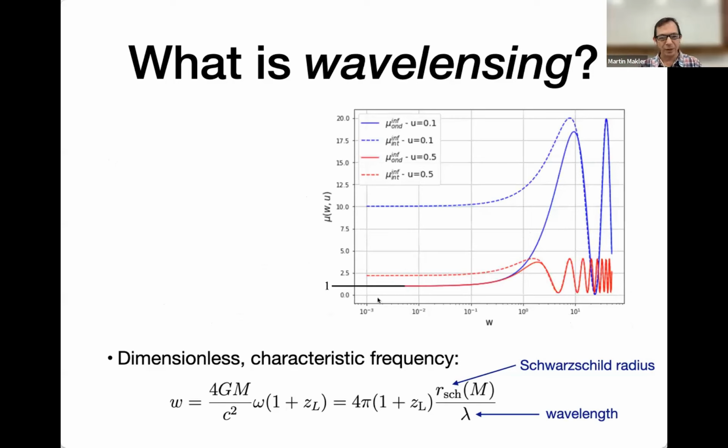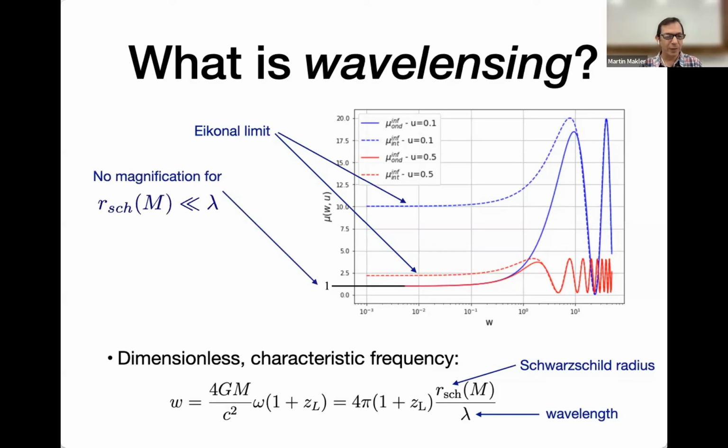For very low frequencies, for very long wavelengths, there is basically no lensing; the magnification is equal to 1. When we go to higher frequencies, there is this typical characteristic oscillatory behavior as a function of frequency. I can now take the limit of the function I showed before with the sine. For high frequency, it's an excellent approximation. And for very low frequencies, we have no magnification.